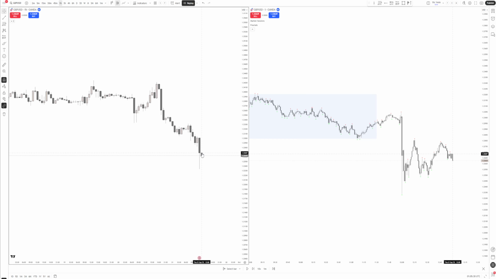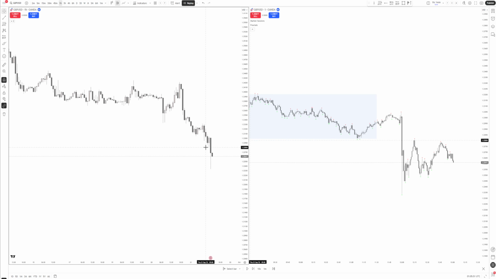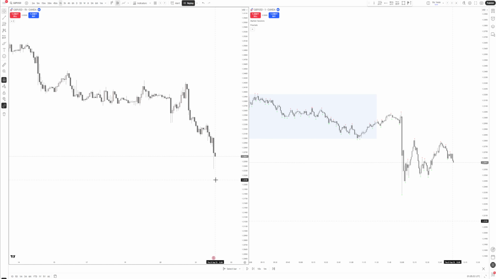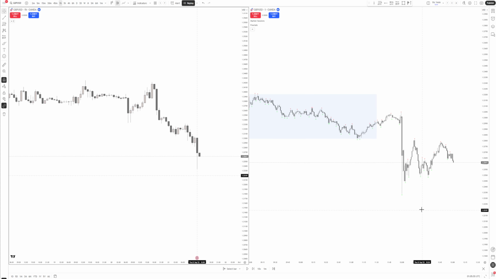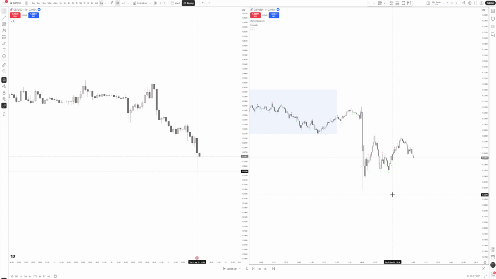Okay, new candle's about to, okay, there you go. So you got a new candle. Are we still bearish? Yes, we had a bearish close. We have got a bit of a wick, a strong wick to the upside, but overall we are still bearish, and we're looking for a bearish entry.